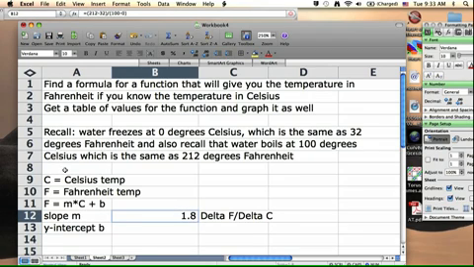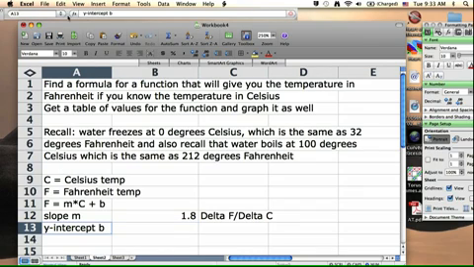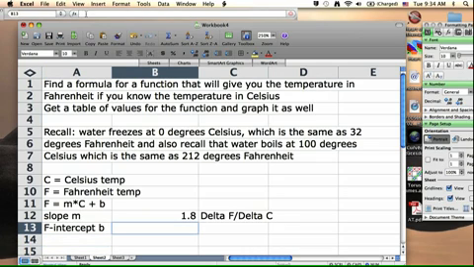The slope evidently is 1.8, which is the same as 9/5 if you wrote it as a fraction. I shouldn't call this a y-intercept. I should call it a capital F-intercept. C is going to be on the horizontal axis, back and forth. F is going to be on the vertical axis, going up and down. What's the F-intercept? That's probably best just to think about here.